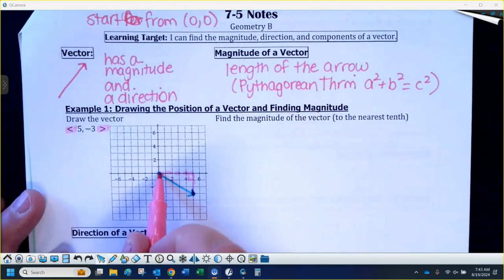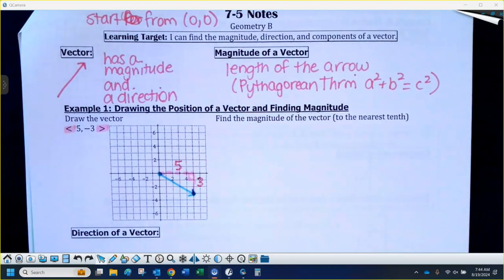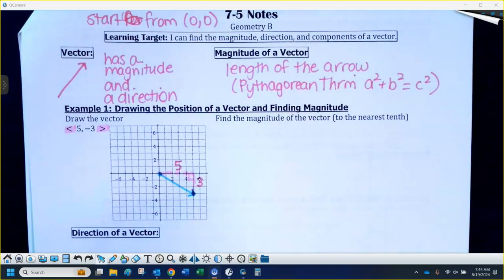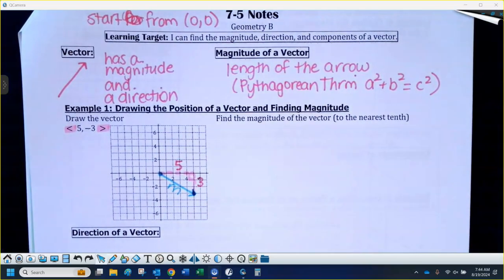So for this leg, I went over 5 and I went down 3, but in terms of length, going down 3 would have a distance of 3. And we just do the Pythagorean theorem. The legs will always be what I just drew in, and the magnitude of the vector will always be the hypotenuse because it's across from the right angle.